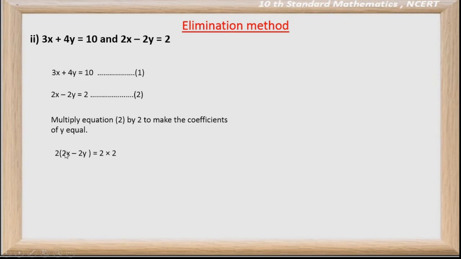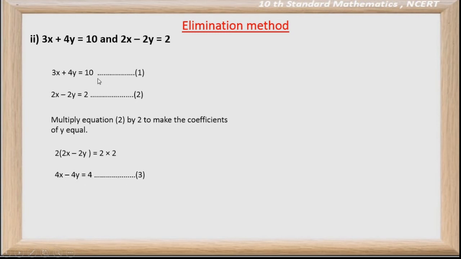The second equation is 2 into 2x minus 2y equal to 2 into 2. Both LHS and RHS we should multiply with the constant. So 2 into 2 is 4x, minus 2 into 2 is 4y, equal to 2 into 2 is 4. So we will get the equation 4x minus 4y equal to 4.